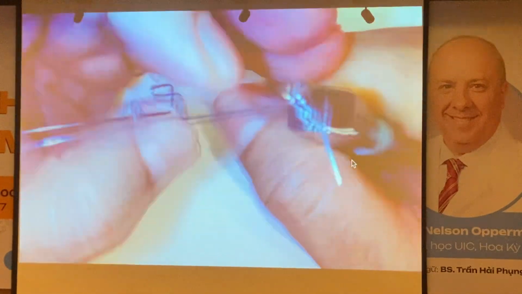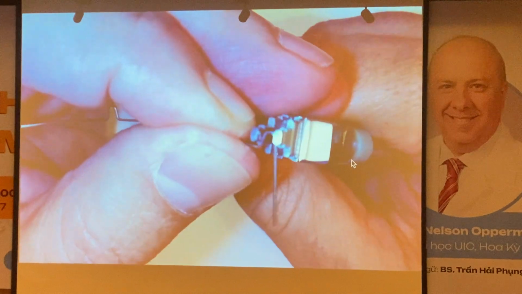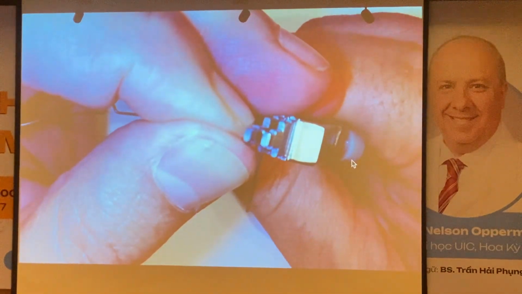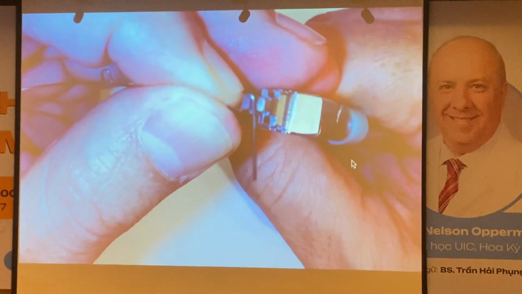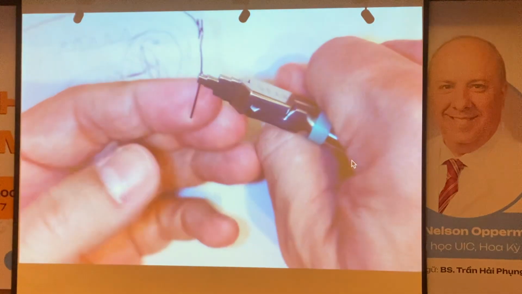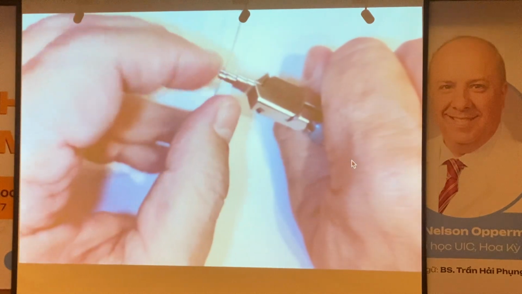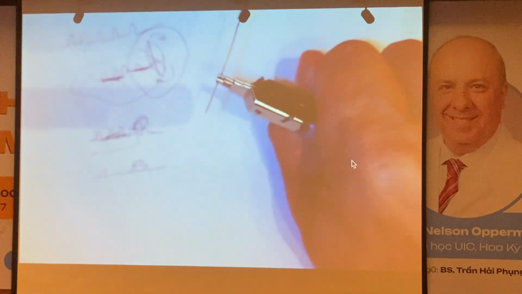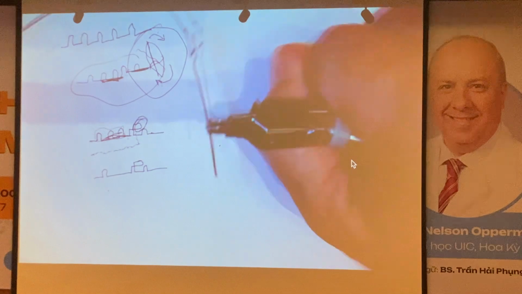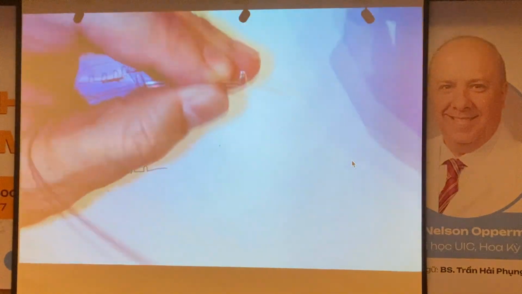Sometimes you have to control the second molar height. This is good. So you place the loop between the 6 and the 7. And you see that there's no much wire lasting here.